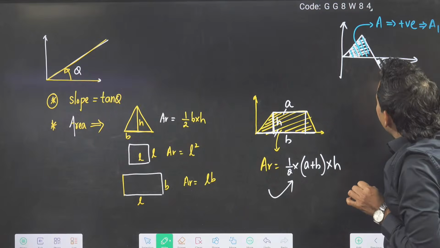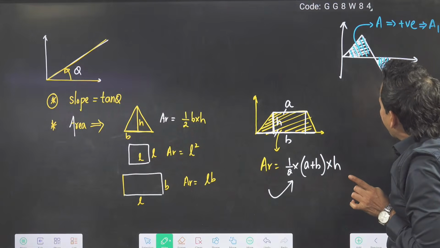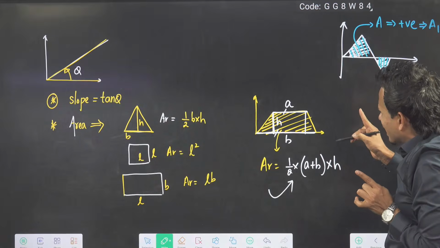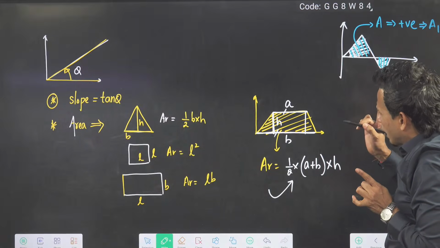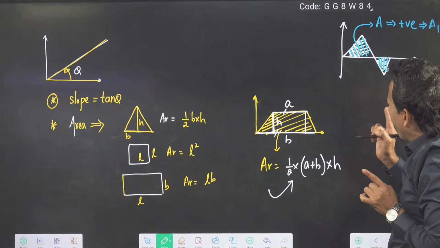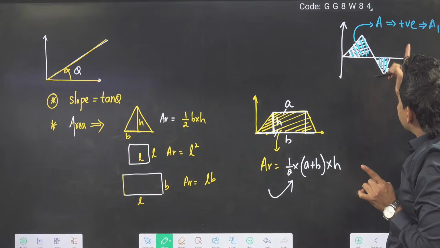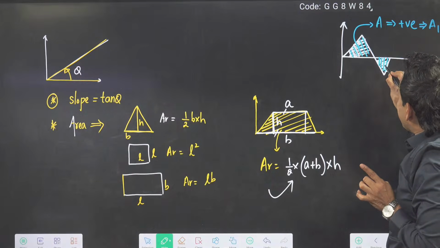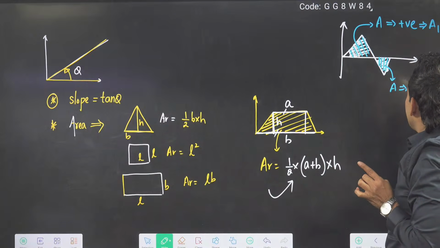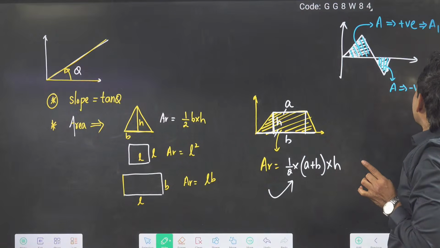In entire physics this will happen, whether you have current electricity, EMI, work power energy, or rotational motion, everywhere: the area above the x-axis will be positive and the area below the x-axis will be negative. That will come as minus A2.